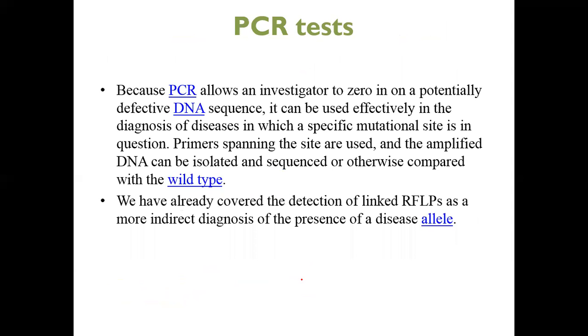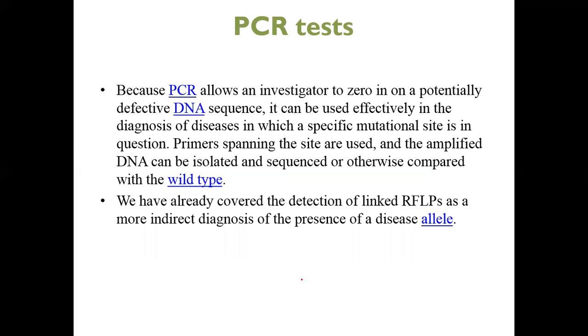PCR test: we know about the PCR test. A large number of PCR tests for different genetic as well as pathogenic diseases are available, because PCR allows an investigator to zero in on a potentially defective DNA sequence. It can be used effectively in diagnostics of diseases in which a specific mutation site is in question.